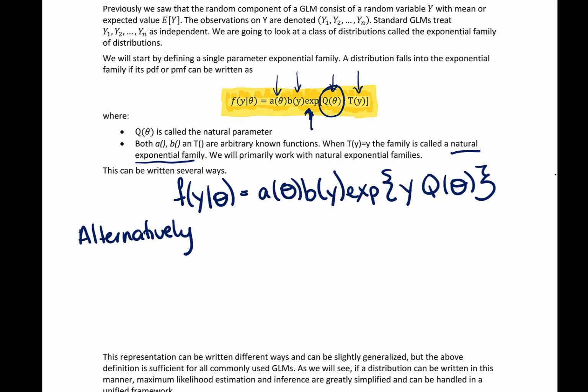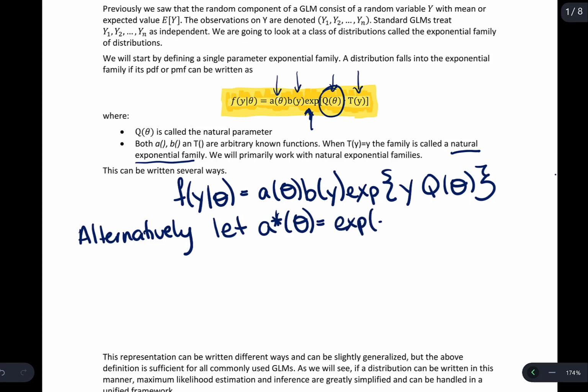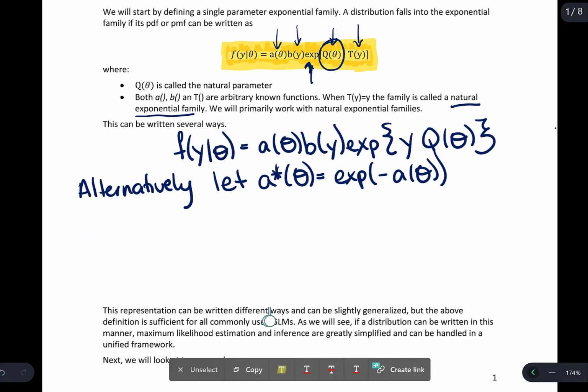For example, I could define a new function a star of theta and let it be equal to the exponent of negative a of theta. If I define the function this way, then I could write the exponential family as follows.